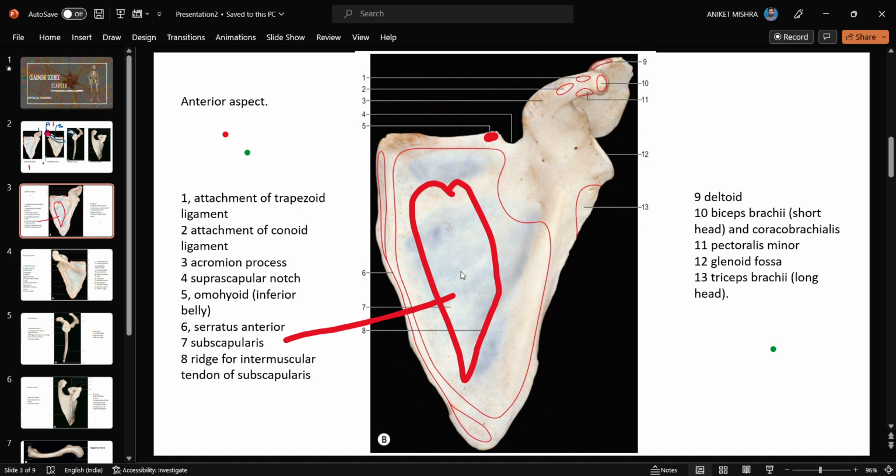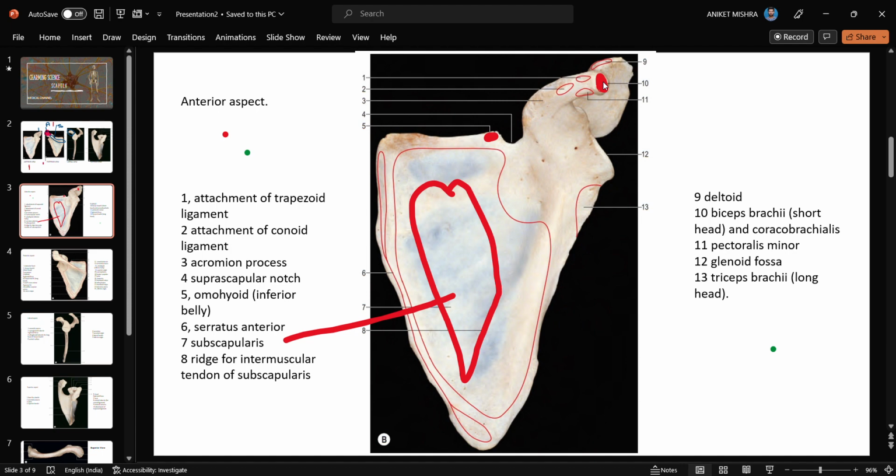When we talk about other muscles, we will see that at the lateral aspect, the short head of the biceps brachii and the coracobrachialis are going to originate from this place.